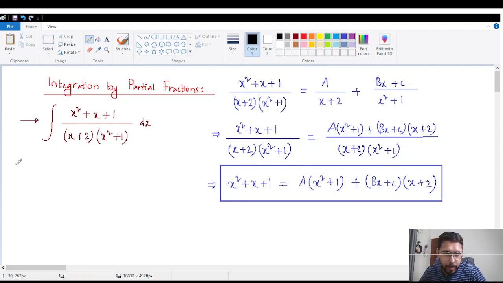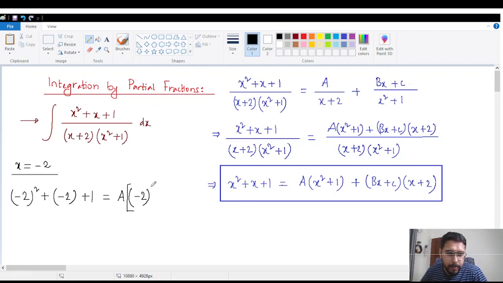So let's find out. If I put x equal to negative 2, it will be negative 2 square plus negative 2 plus 1 on this side, and on this side A times negative 2 whole square plus 1.